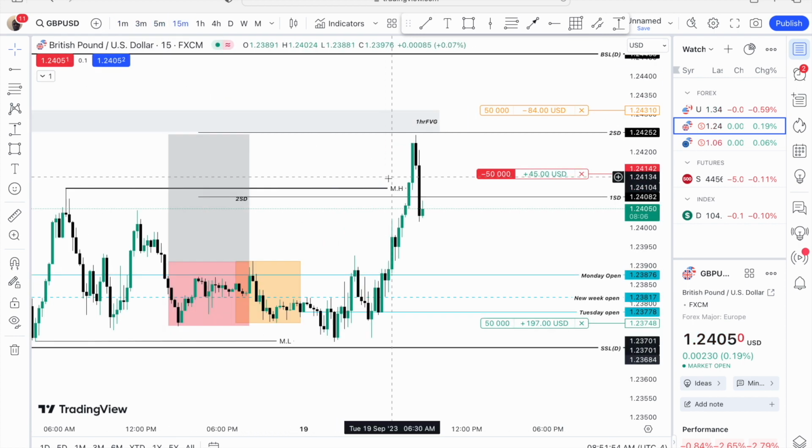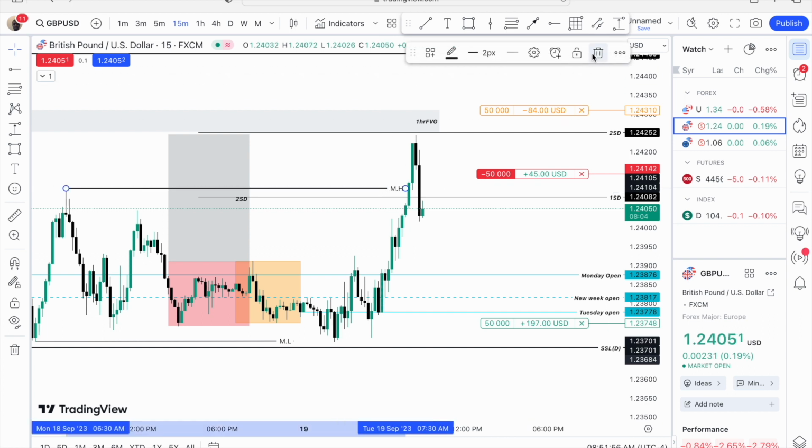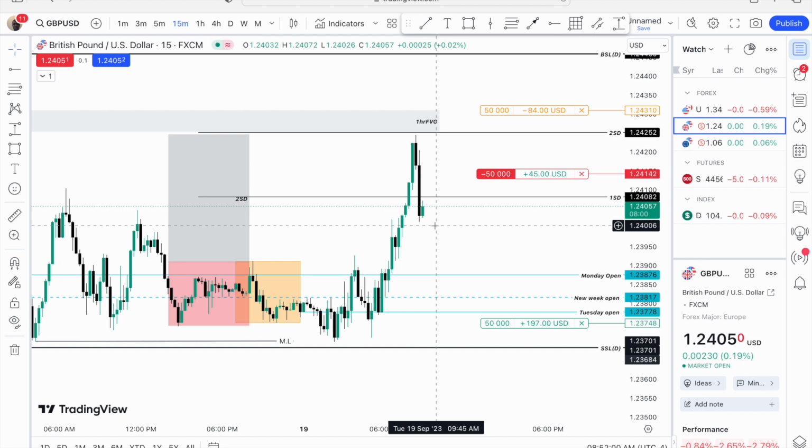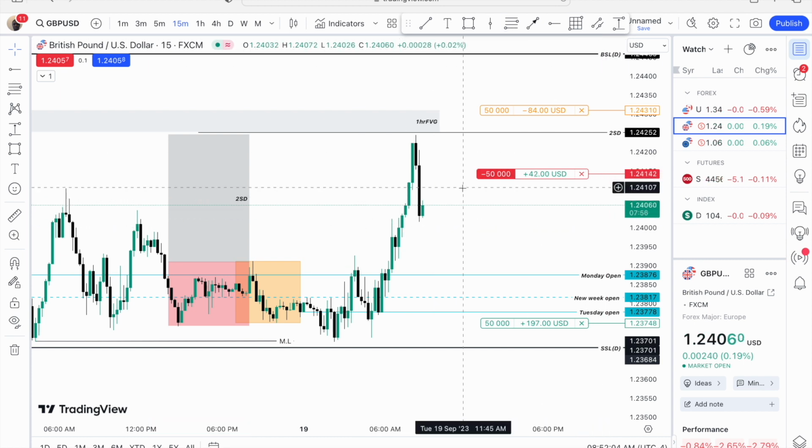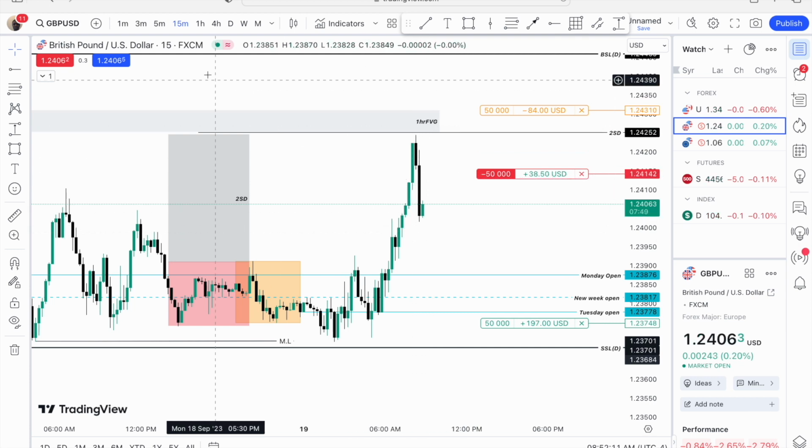All right, so Tuesday traded over Monday, so I can remove this. This draw is out of play. One has been traded through, so I can move that. We traded up to the second standard deviation during the New York kill zone.